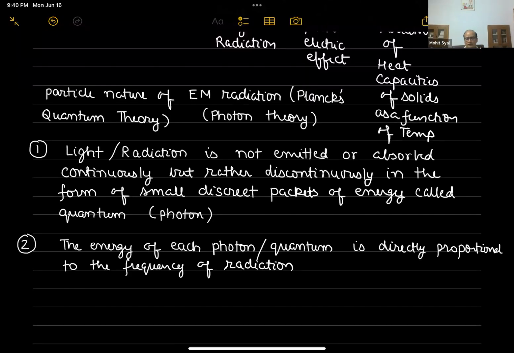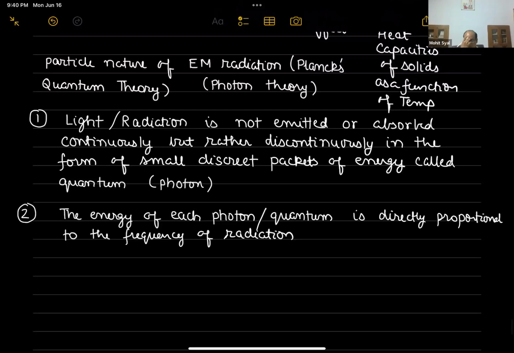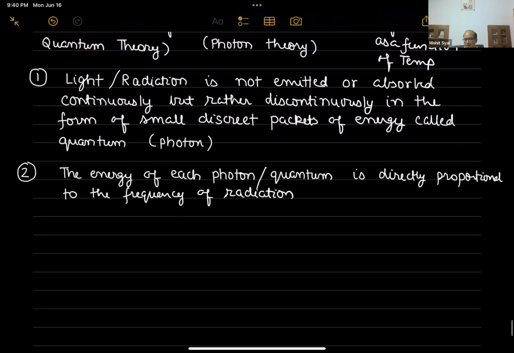Directly proportional to the frequency of radiation. So I am receiving light. The energy of a photon, E, is directly proportional to the frequency of the radiation.